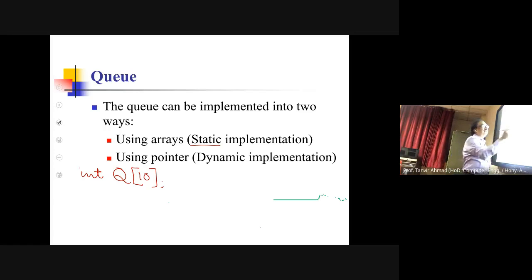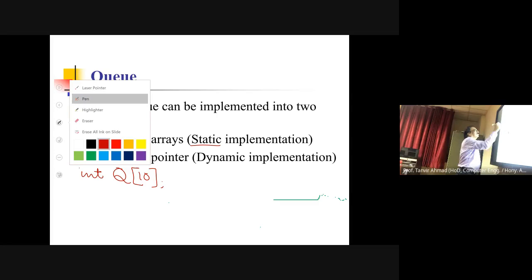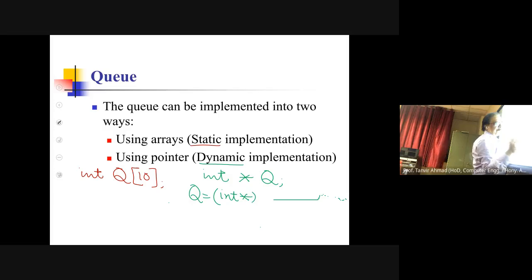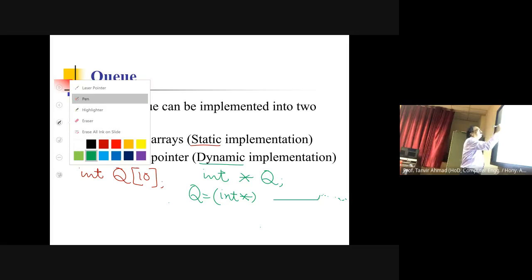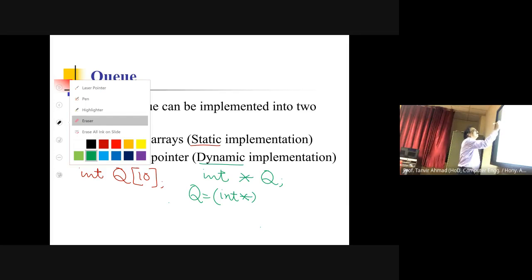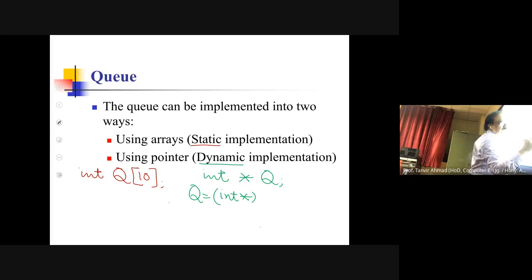If I am going to use a dynamic allocation, I will write integer star q, q is equal to... Now assume one integer takes 4 bytes, so that will be 40.